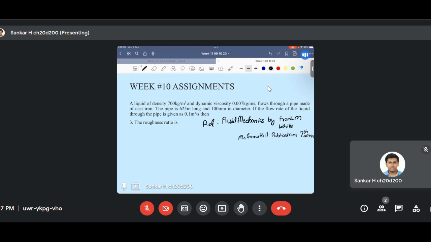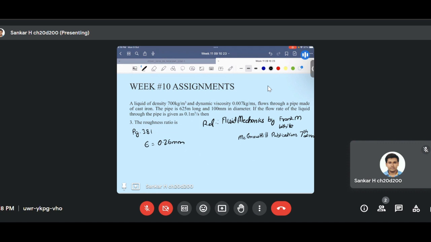So in this 7th edition, if you go to page number 381, you'll find a table which describes the roughness in pipes just after the Moody chart has been described, and you will see that for new cast iron, the roughness in millimeters will be equal to 0.26.